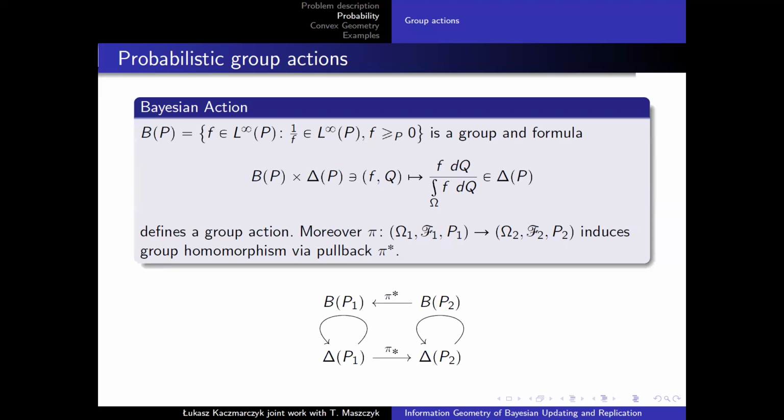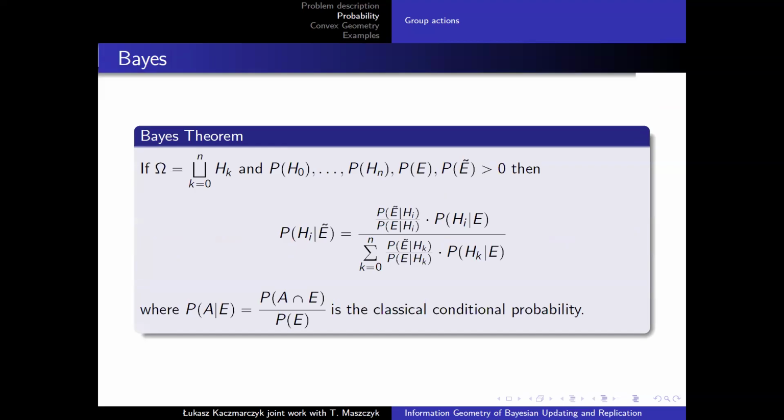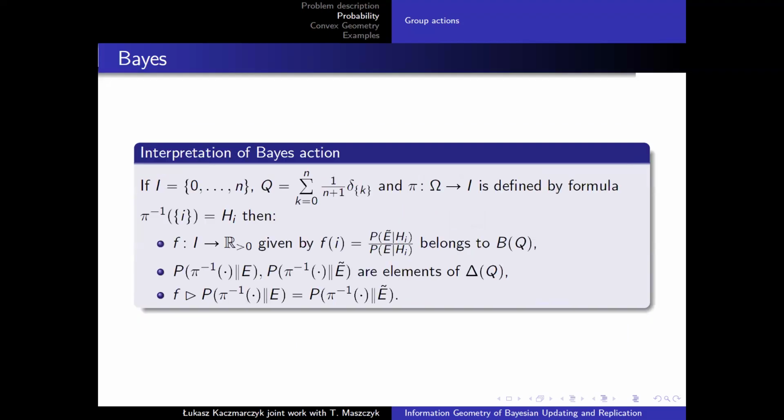Well, if you open the probability textbook, you would see that something similar to that appears when you have the Bayesian theorem for continuous random variables, but the convincing argument is even more elementary, because everyone doing school probability encountered the classical Bayes theorem for classical probability, and in fact this formula here can be easily recovered by the action of a certain group element acting through what I called previously the Bayesian action. And that is why we gave it that name.